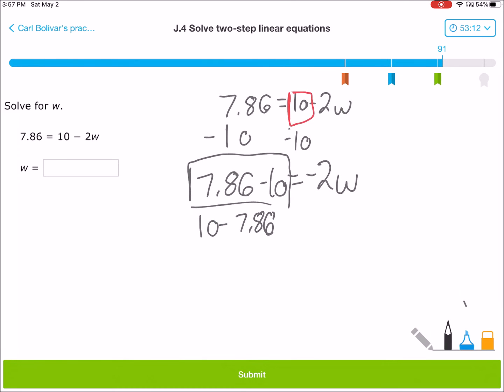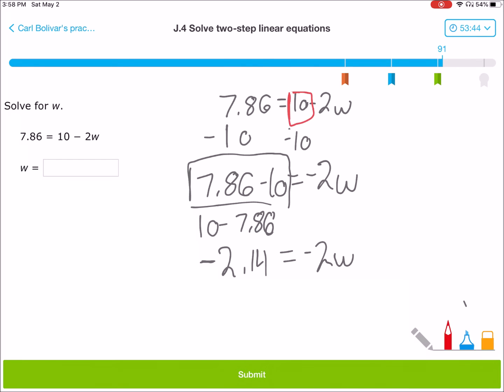And 10 minus 7.86 is 2.14 is equal to 2W. But that's not entirely right, because if we do 7.86 and we subtract 10, that should take us to the negatives. So then we will put a negative sign in front of the 2.14.